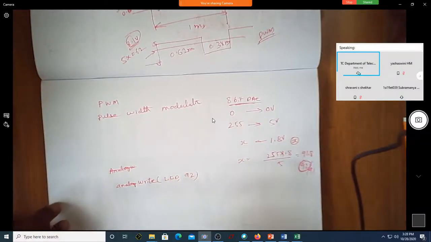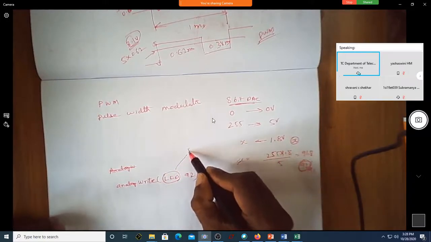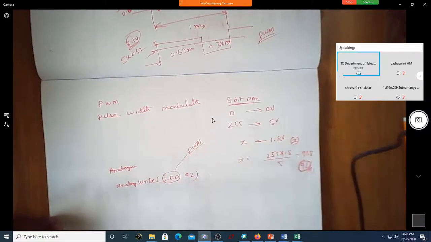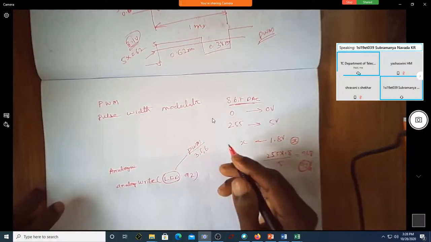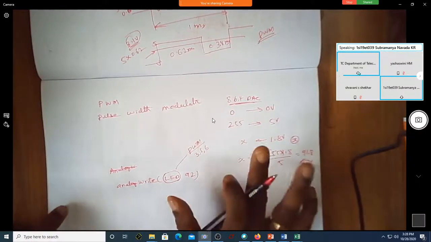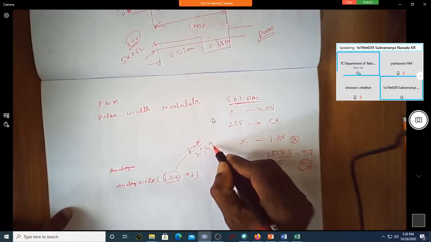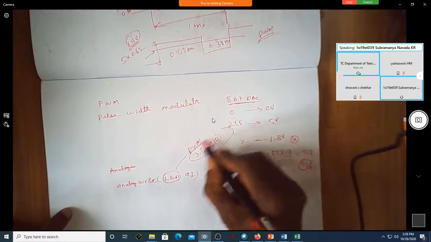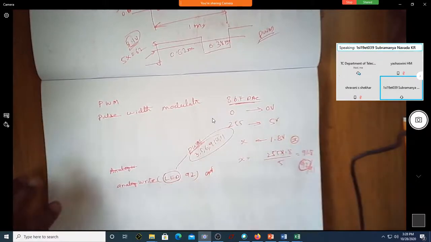Keep in mind, this LED should be assigned to a PWM pin only. Then only can I get the modulation. If you assign it to other than 3, 5, 6, 9, 10, 11, you will not get the variable values from 0 to 5 in between. You will get either only 0 or 5.